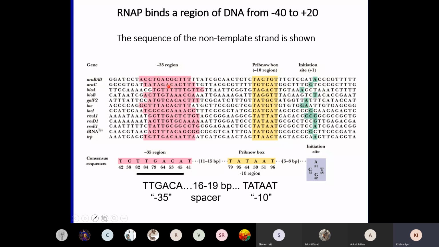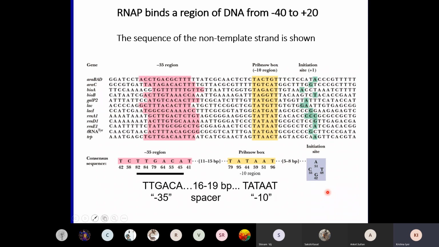What is important is that in this region, the closer you are to TTGACA and the closer you are to TATAAT, the better you are. And again here, see this gap, they put 11 to 15, actually it should be anywhere from 16 to 19. Now look at this gap here, there's another spacer here, and based on this gap, this is what you call the transcription start site, usually the initial site as it is called.